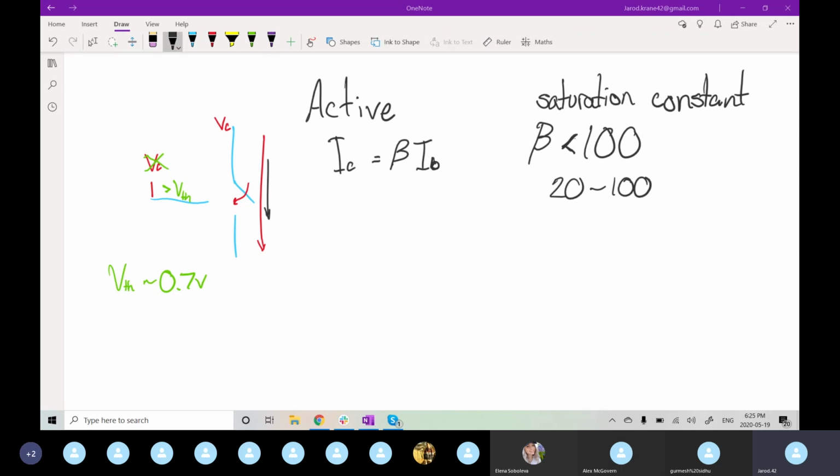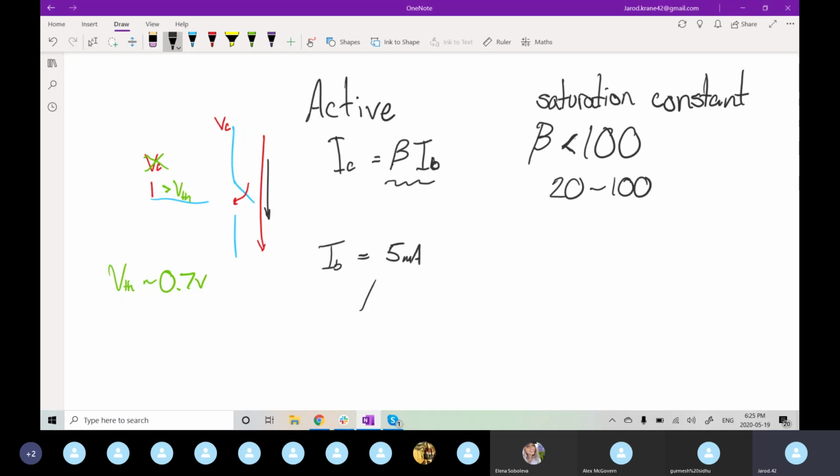So with this, it means we can precisely control what our output current is based on whatever we feed it to the base. And that also means we're able to control this with small currents. So say only 5 milliamps to actually turn this device on.